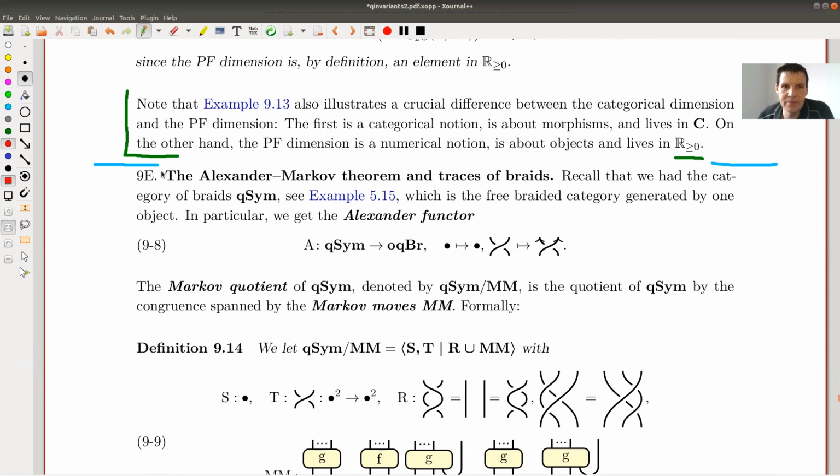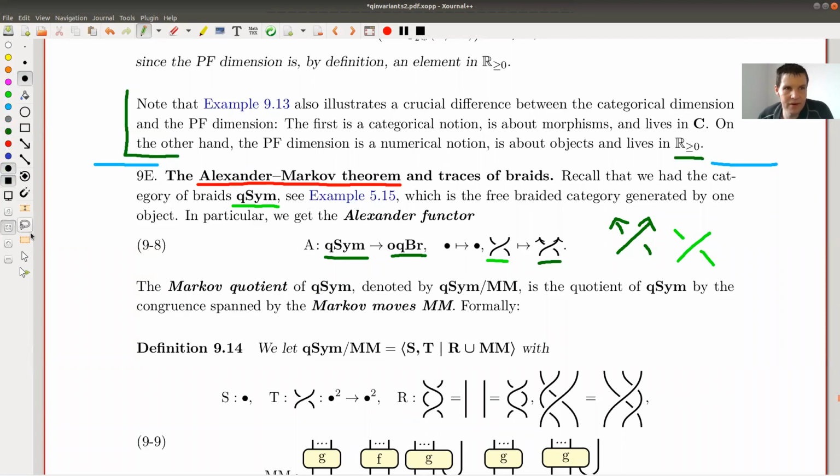I would like to explain a little bit about the Alexander Markov theorem, because I now want to take traces in categories associated to topology. The only thing we need to recall is that there was a category Q sum, the quantum symmetric guys, where you had crossings, and you can map it to the oriented quantum Brauer algebra.